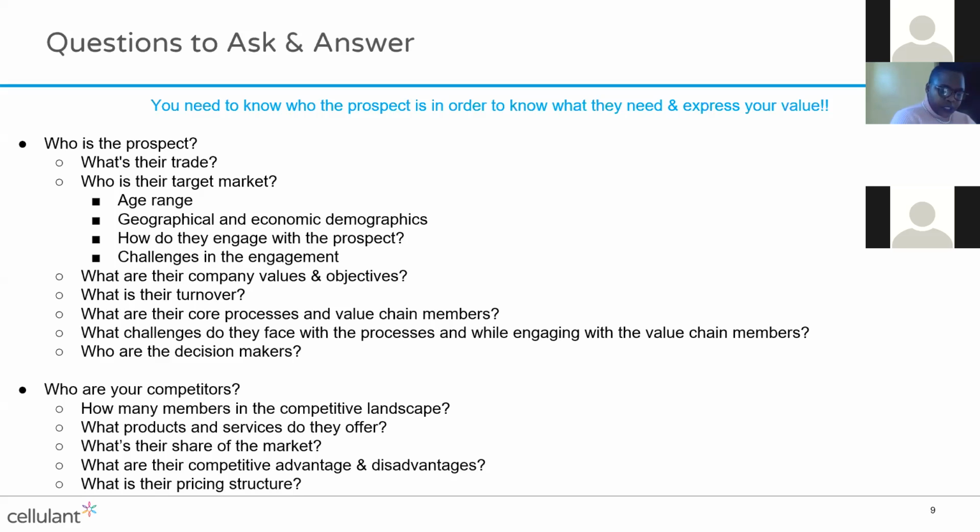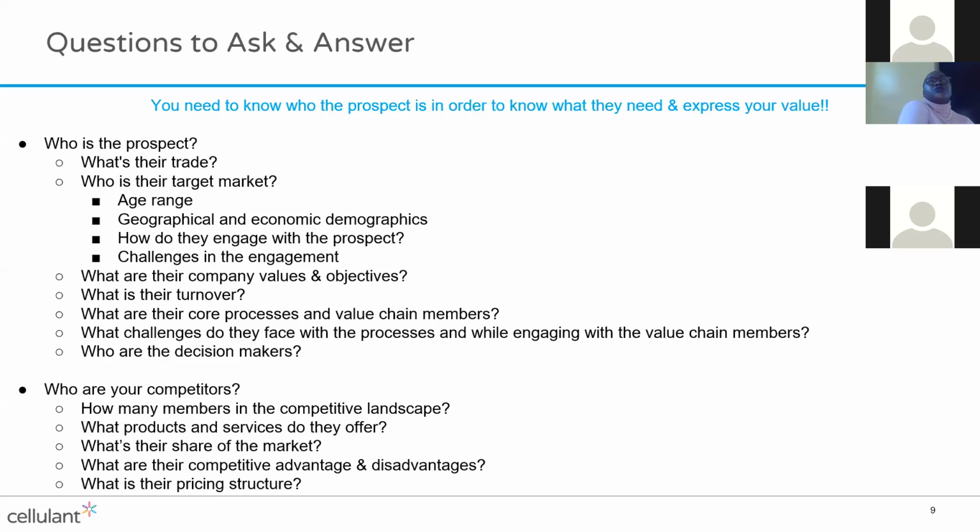It's also important to know who your competitors are in this particular opportunity. How many members are in the competitive landscape? What products and services do they offer to the market? What's their share of the market? What are their competitive advantages and disadvantages?